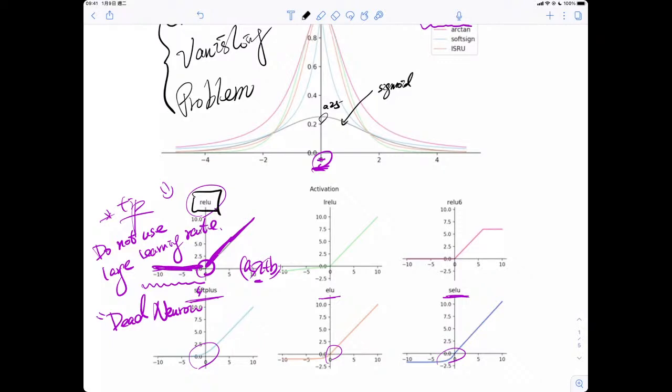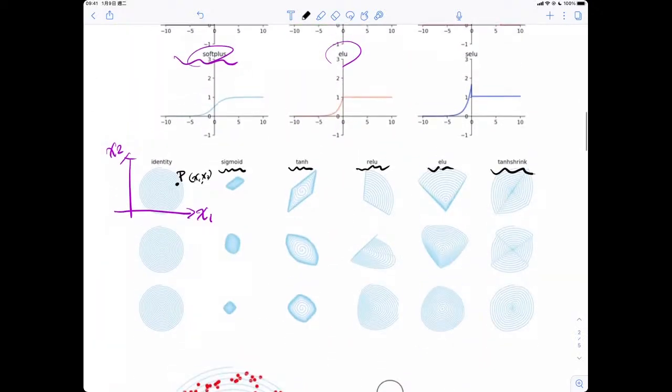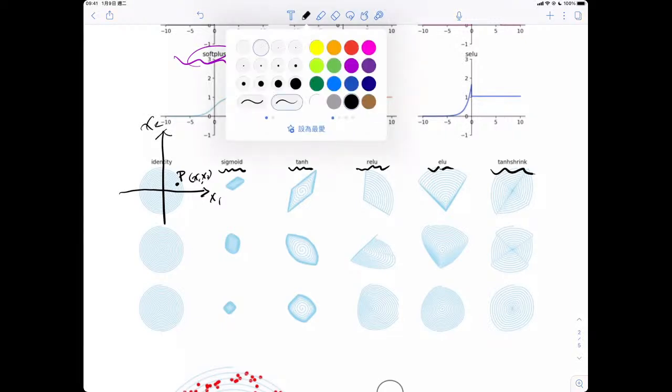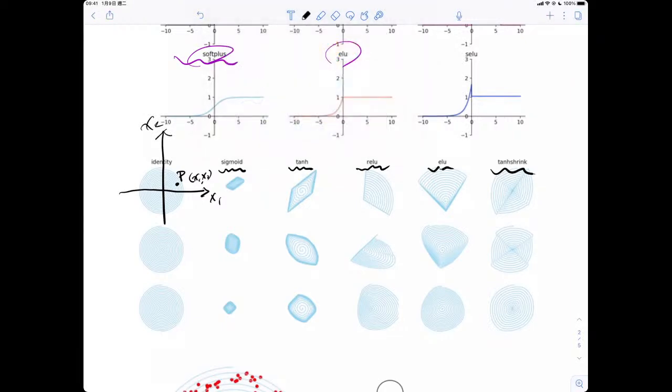For example, we have the space right here, and the data point P. We use ReLU as an example, which is easier for you to understand.